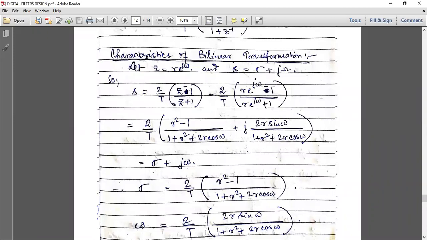Actually, in place of omega, this one, you have to put ohm. Clear, all of you? Actually, I'm not able to draw here. So in place of omega, you have to put ohm.